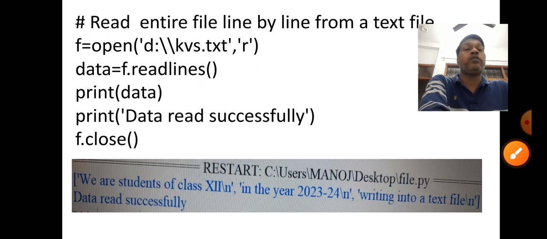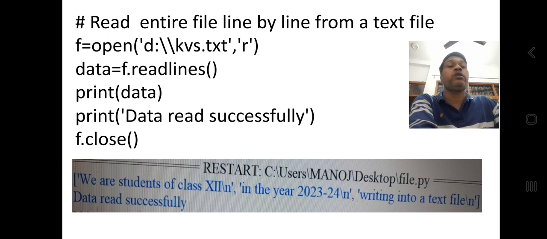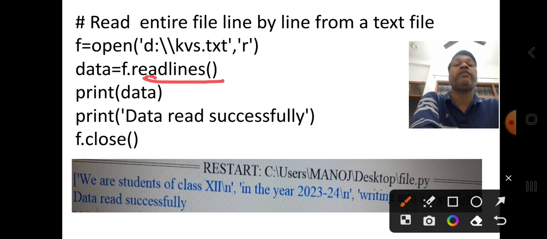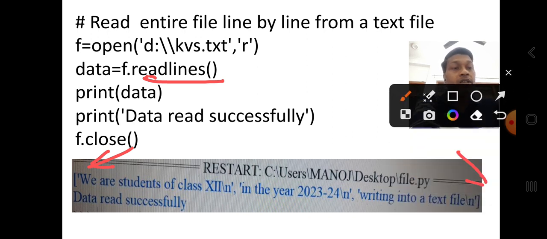When you want to read the entire file line by line, then you may use the readlines function, which is used to return data in the form of a list of strings. Check here that this is the starting bracket, and here is the ending bracket, and here are delimiter 1, delimiter 2, and delimiter 3.